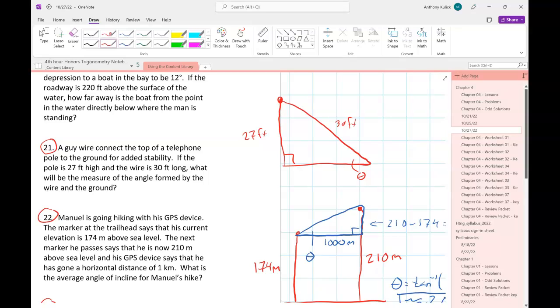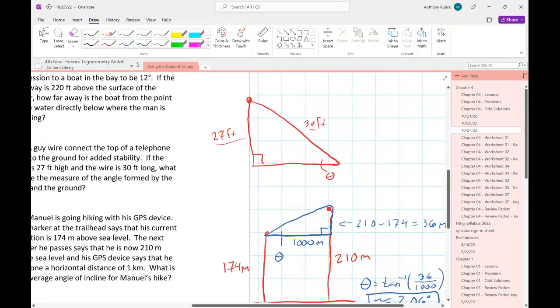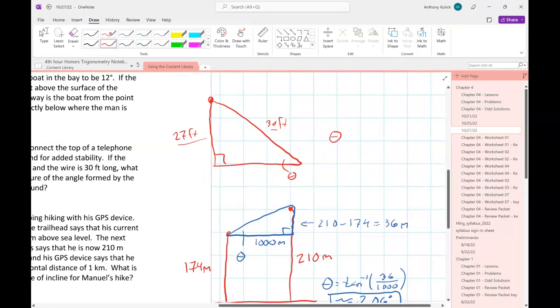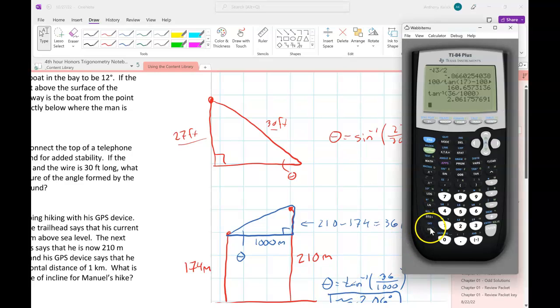So there's our picture. Relative to that angle, I have opposite and hypotenuse, so I'm going to be using sine inverse. Again, we're looking for an angle, so we're definitely going to be using the inverse version of whatever.